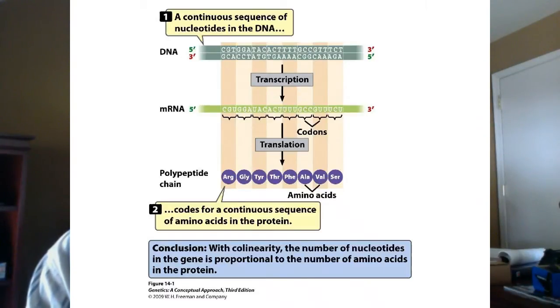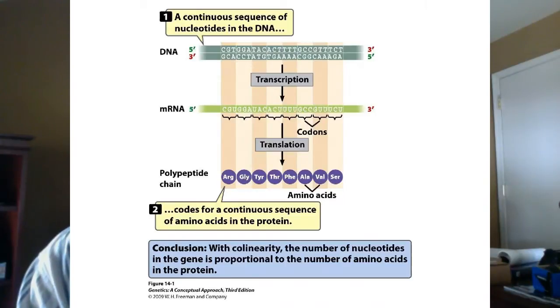Notice that the messenger RNA is transcribed in the 5' to 3' direction. Why? Because RNA polymerase rides along the template strand in the 3' to 5' direction. So in this case, the lower DNA strand, 3' to 5', is indeed the template.